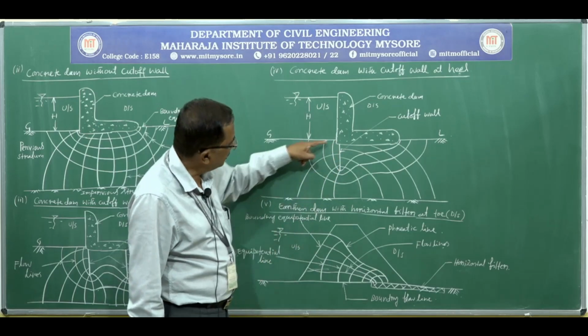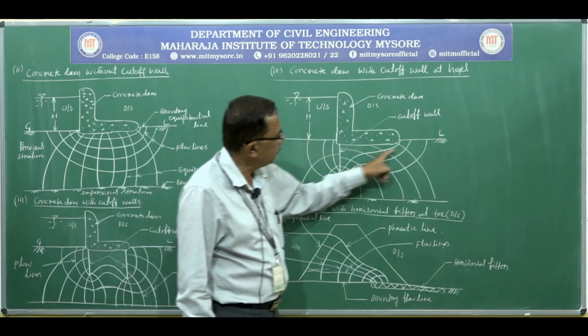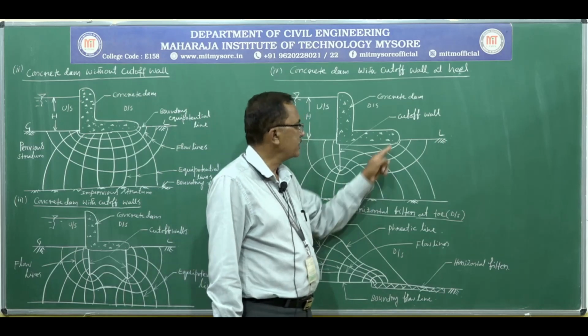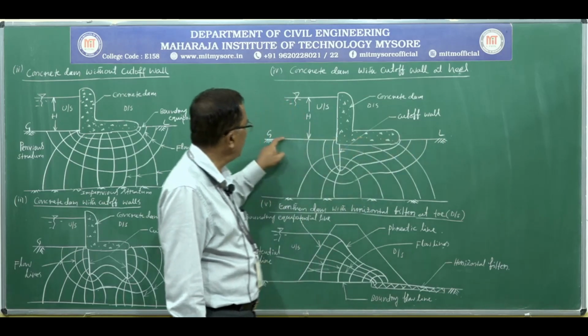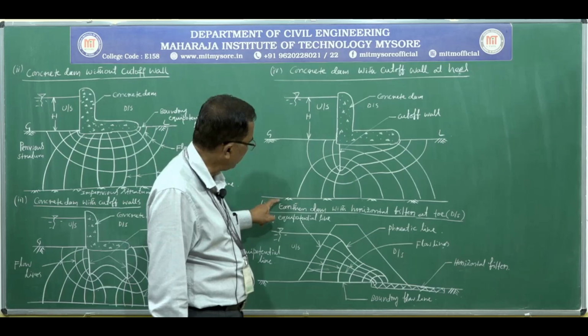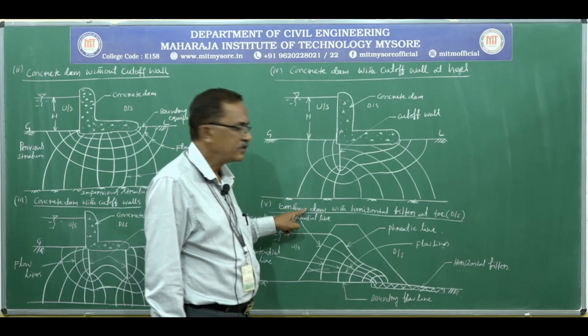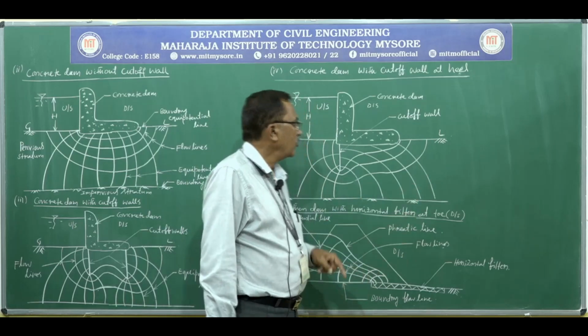For that, the flow lines and equipotential line patterns will be like this. Once again, this is the boundary equipotential line, and the interface between pervious and impervious strata is known as the boundary flow line.